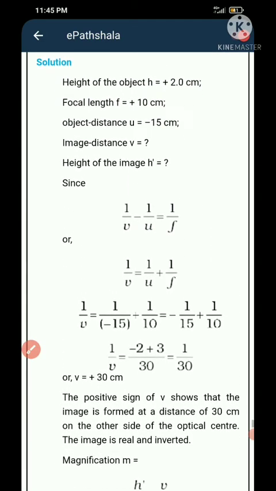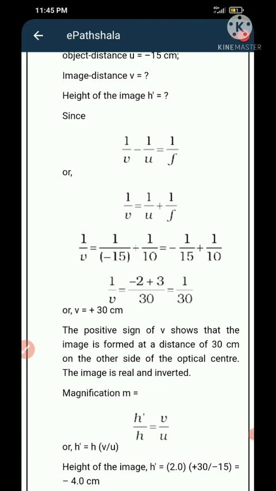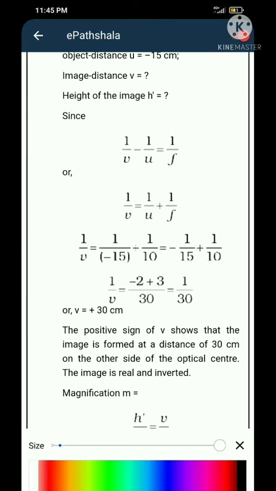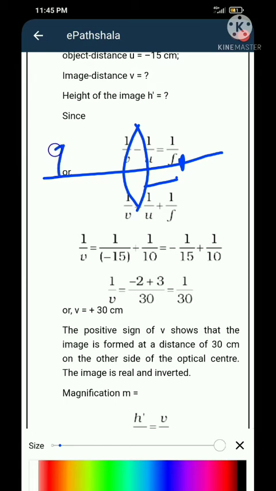Your focal length is 10 centimeter. Now draw it. This is a convex lens and your focus is at 10 centimeter, somewhere here. And your object is placed where? u is 15, somewhere here.